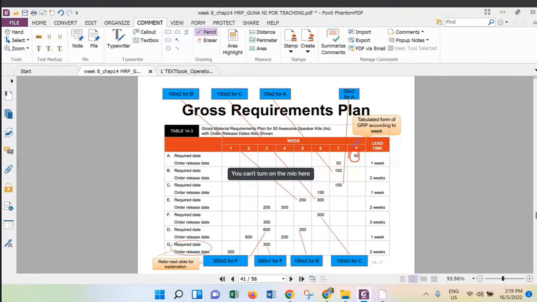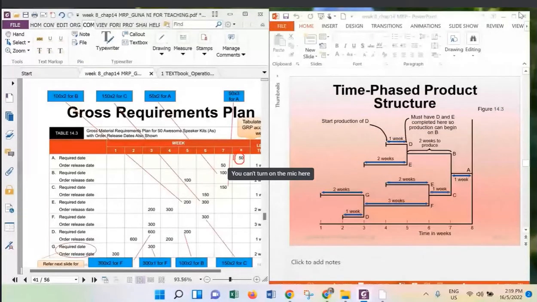And how long does it take for this finished product to be completed? You must remember that this A coming from assembly of B dan C. Dan berapa A mengambil masa untuk siap?